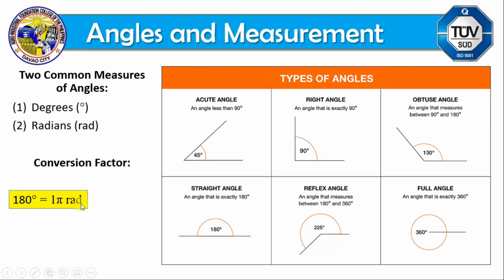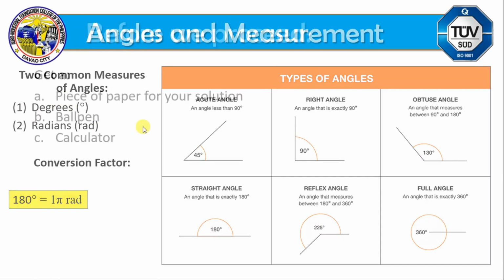If 180 degrees is 1 pi radians, how about 360 degrees, which is two 180 degrees? It will be just 2 times 1 pi radian, or this full angle is equal to 2 pi radians. More on that later as we convert angles.